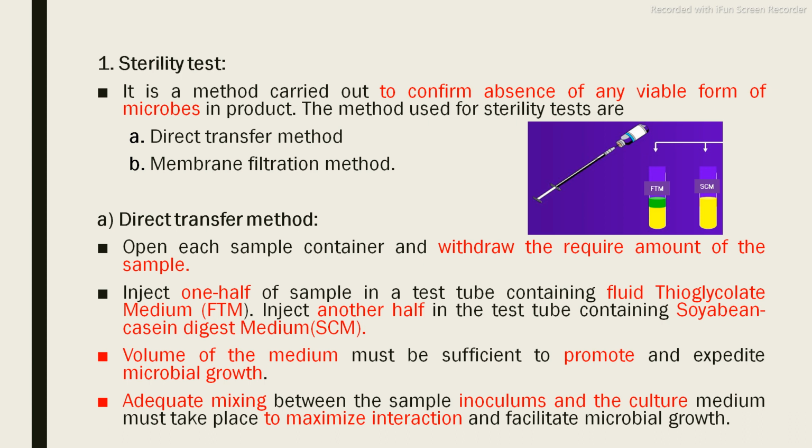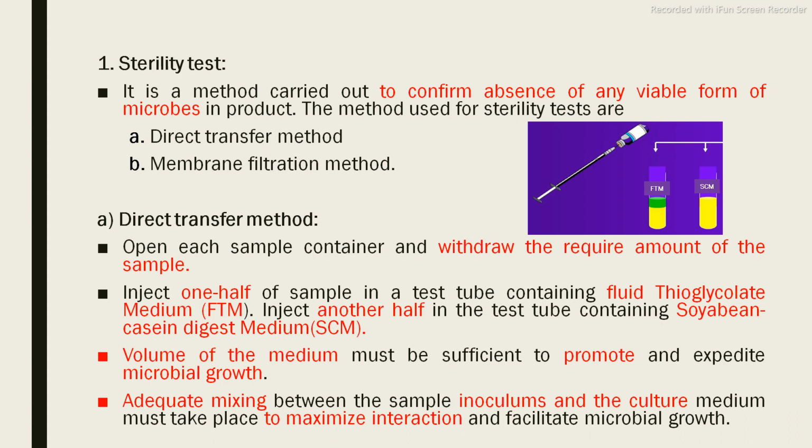Suppose one or two bacteria accidentally enter into your parenteral preparation, so after 24 hours the growth will not be sufficient, and after 24 hours you will say that the test is negative, means the parenteral preparation does not contain any microbial growth. So why can't you see any microbial growth in 24 hours?